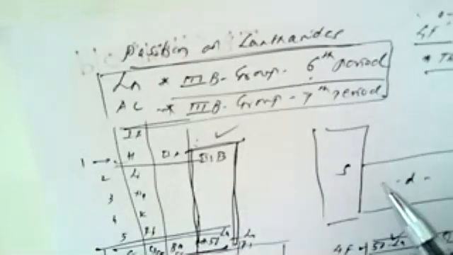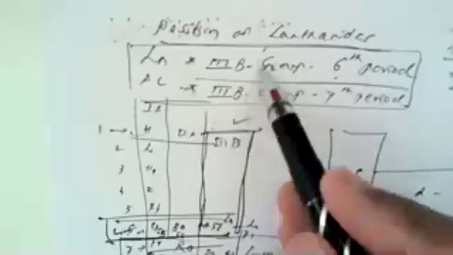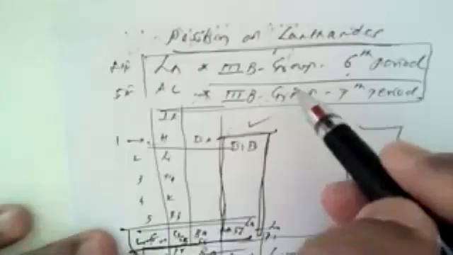Keep these 2 parameters in a box so that it is very easy for clear understanding and for attempting MCQ type questions also. This is the position of actinides in both these series, that is 4f or 5f series. The group number is the same, but the period number is different. Lanthanides are in the 6th period and actinides are in the 7th period. So this we know.